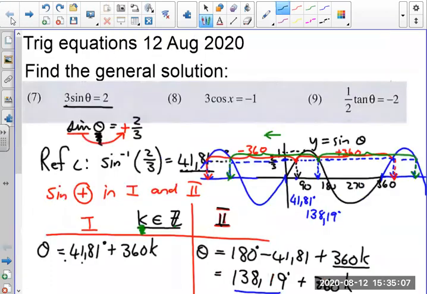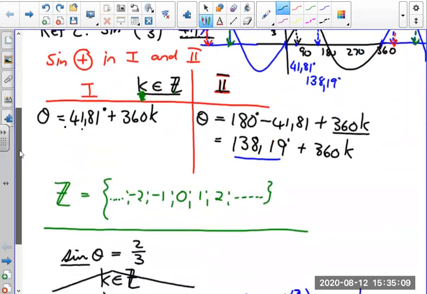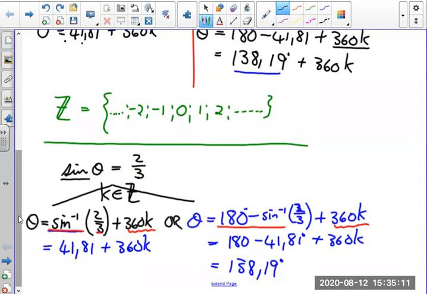So for sine, I'm showing you again. For sine, my method says, and I will give you a summary now. For sine, if you don't work with a reference angle, you just say shift sine of the answer plus 360k or 180 minus shift sine answer plus 360k. That's the method for sine.